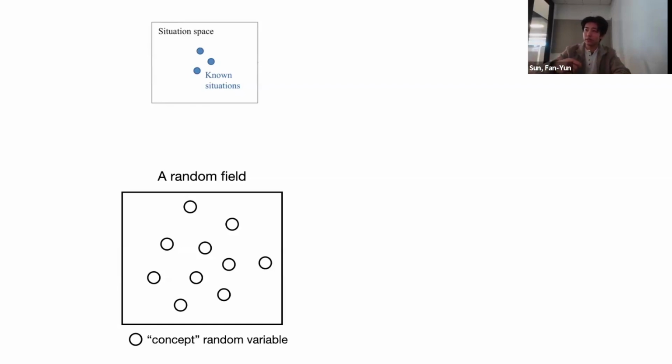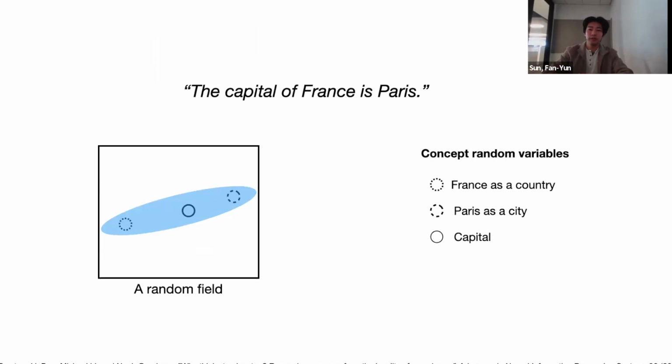But thinking at this abstraction level is not very useful a lot of the time, right? So I like to define the situational space as essentially a random field of concept random variables. You can imagine every point in this continuous space corresponds to a random variable, which corresponds to a semantic meaning. For example, if training data is like the capital of France is Paris, then you can imagine this is just one observation of co-occurrences between these concept random variables within this random field, right?